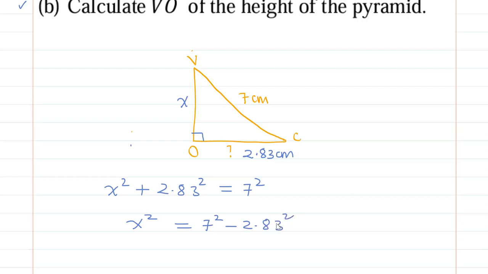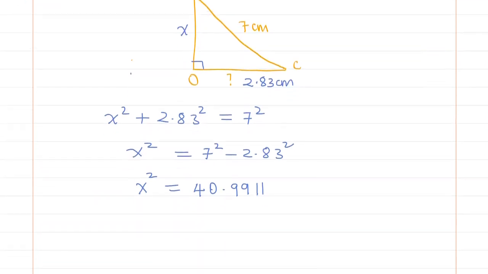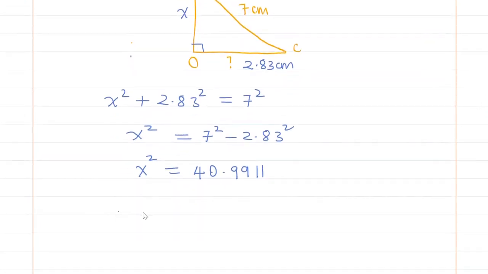Then you press the calculator. If I press the calculator here, I'm getting 40.99111. This is still X squared. For me to find X now, I take the square root. Therefore, X becomes the square root of 40.99.